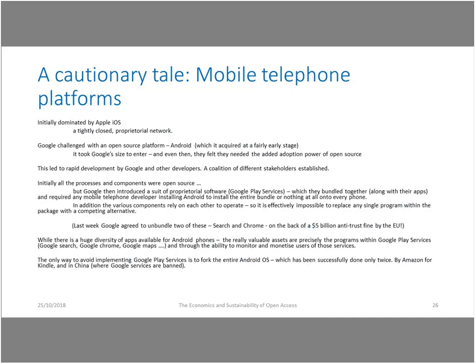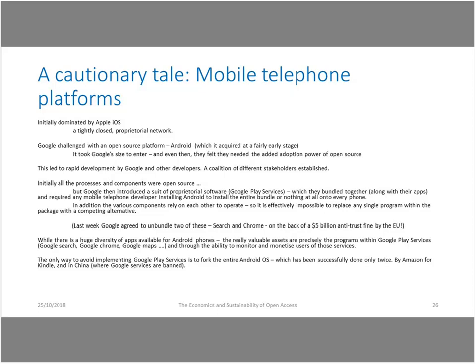We could look at mobile telephones. What happened there? Apple originally had the primary operating system for mobile telephones. Google came in with an open source platform, and started off saying open source, this is great. But one of the things Google has been able to do subsequently is use apps and their software that goes with Google to control the entire platform.